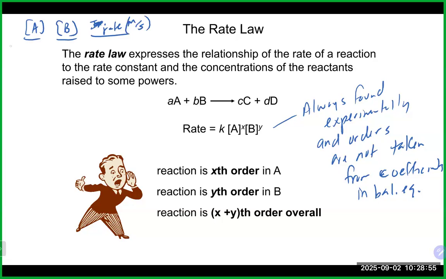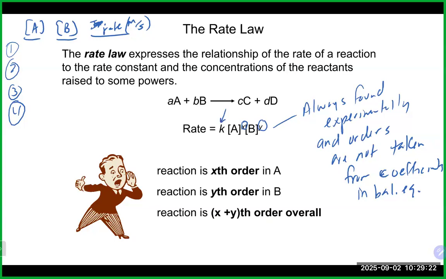In this table, there'll be multiple experiments. You will use information in these tables to mathematically calculate what the orders are of the reactants. Once you have the orders calculated from the experimental information, that will then also allow you to figure out the value of the rate constant.